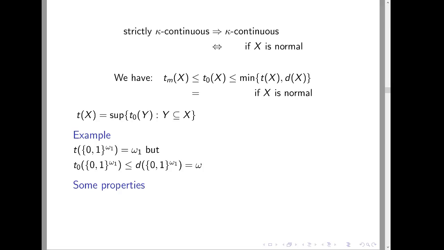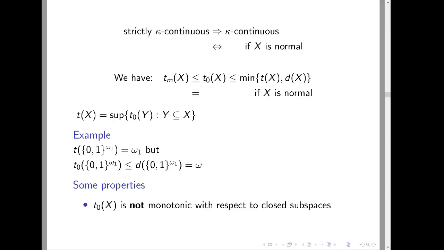What are some simple properties of the functional tightness? There is a sharp contrast between the behavior of functional tightness and the tightness. Namely, the functional tightness is not monotonic with respect to closed subsets.